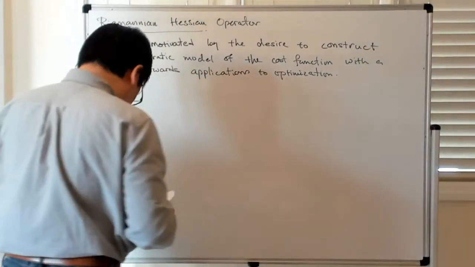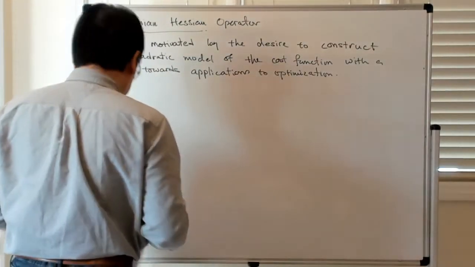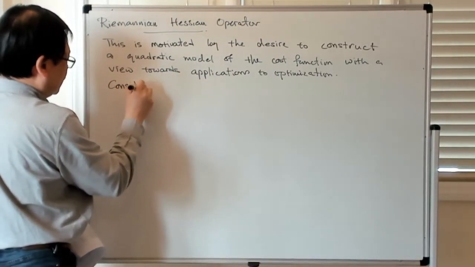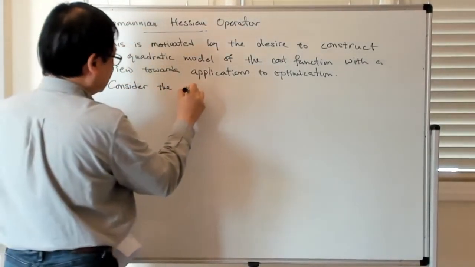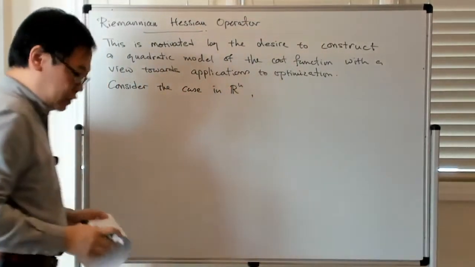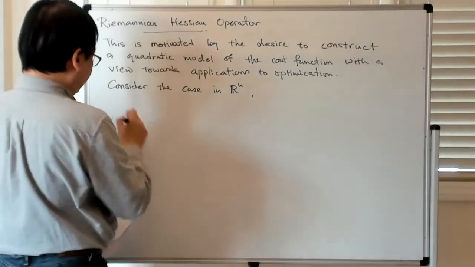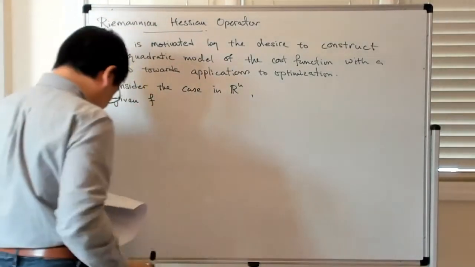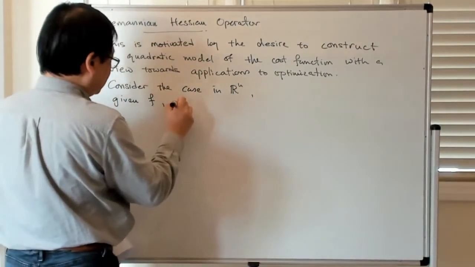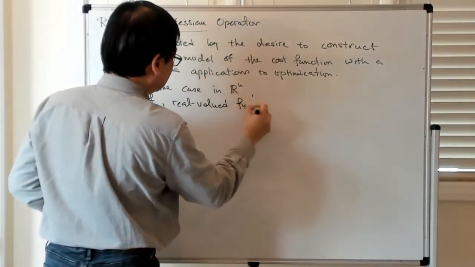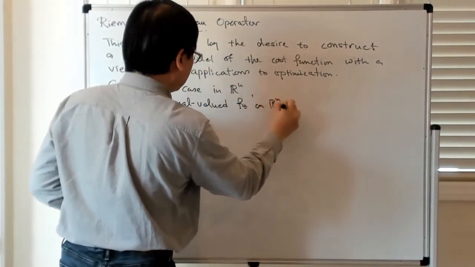So let's consider the case in Rn first, just as motivation. You're given f, a real valued function on Rn.